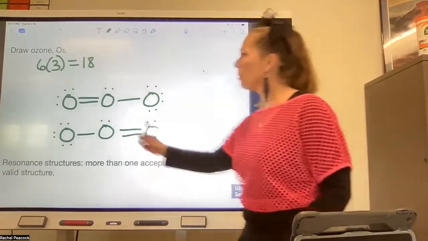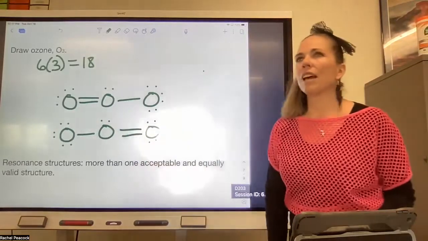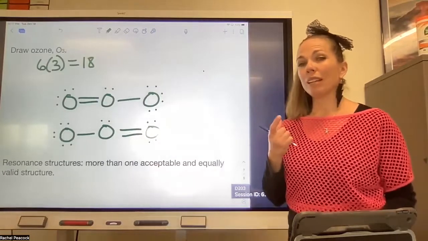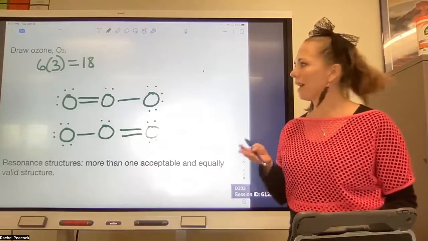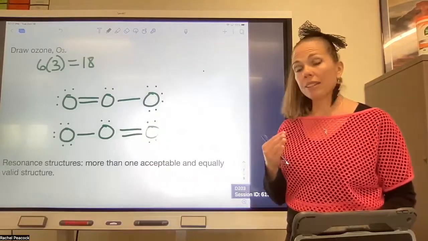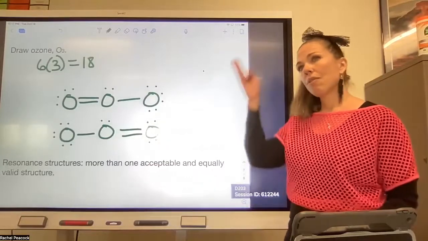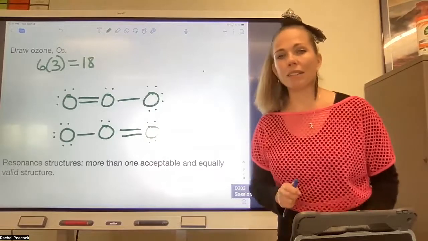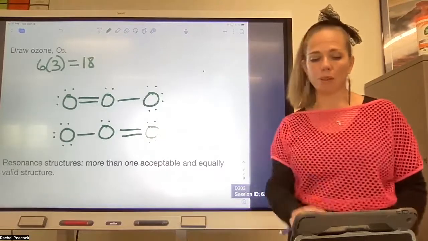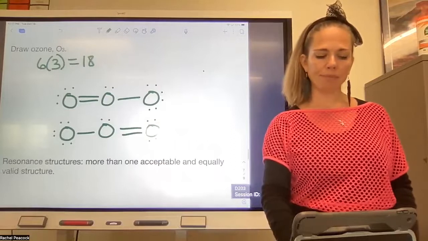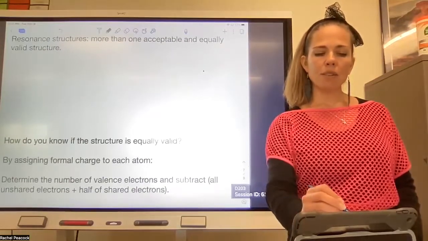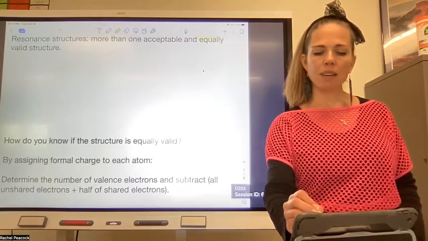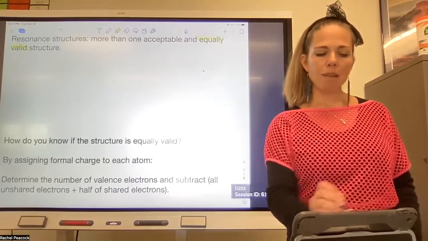Like the double bond actually moves, and it would be considered really like to be a bond and a half, but we can't draw a bond and a half. So we draw the resonance structures to show that this bond kind of moves around and gets split in multiple places.